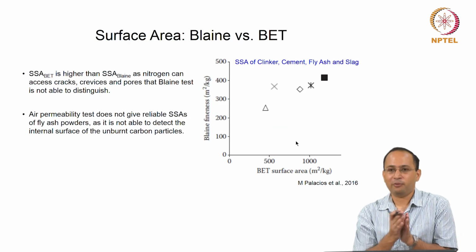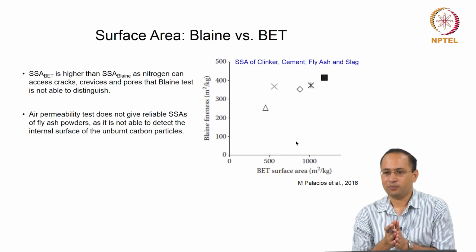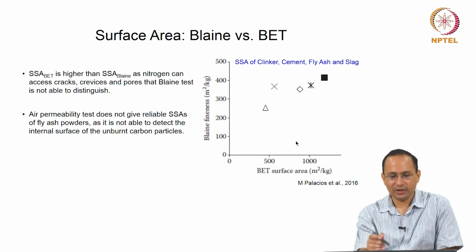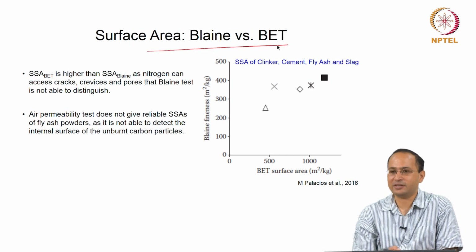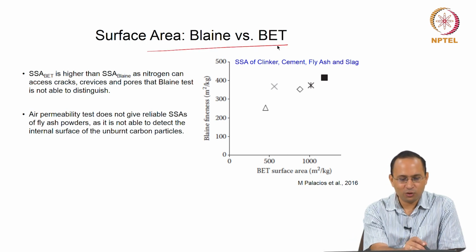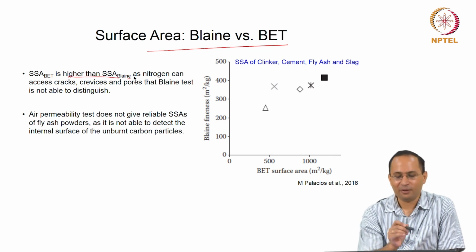Okay. Now, you have looked at various techniques. We saw we can determine surface area using Blaine air permeability, and also using laser diffraction and BET. Now, it is good to compare. So, here we have a comparison between Blaine versus BET. Usually, specific surface area determined by BET is higher than Blaine.